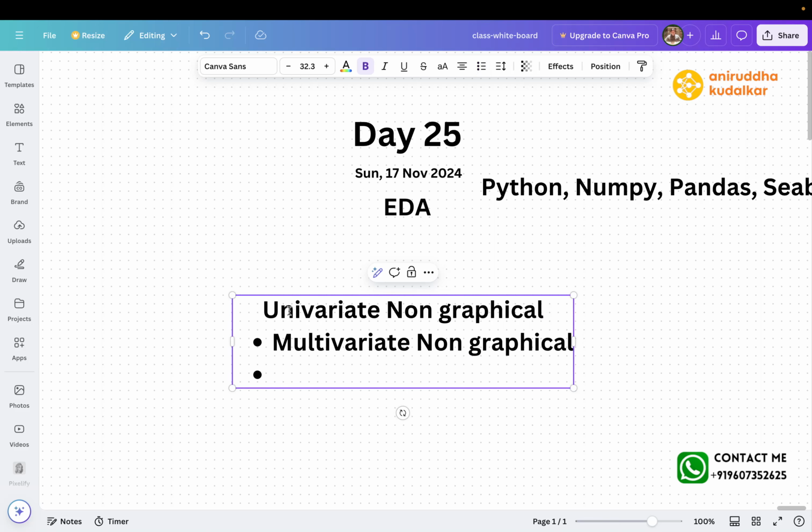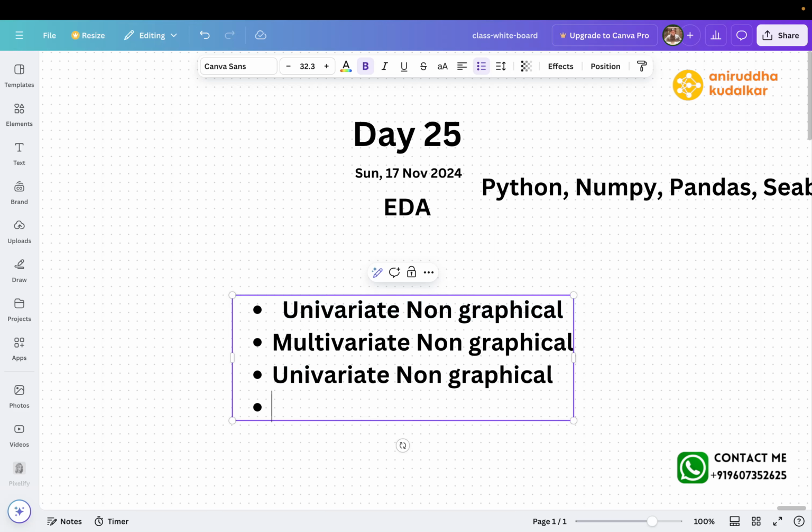Then univariate graphical. Multivariate graphical.